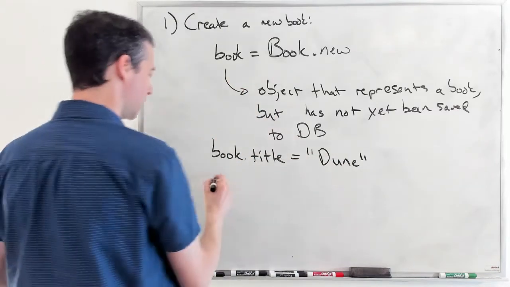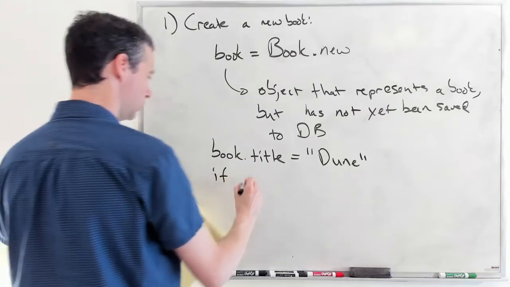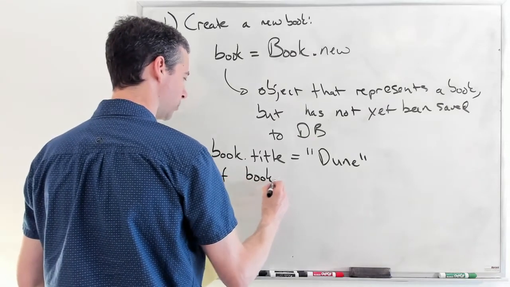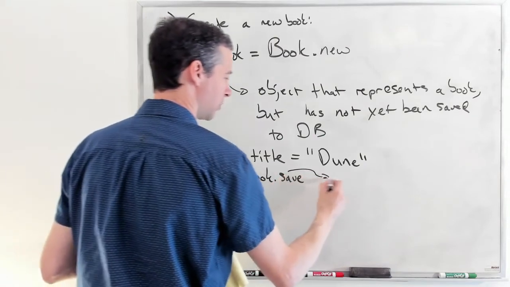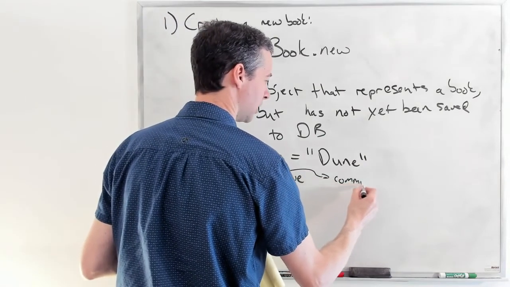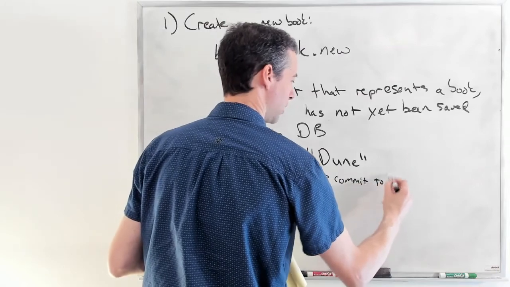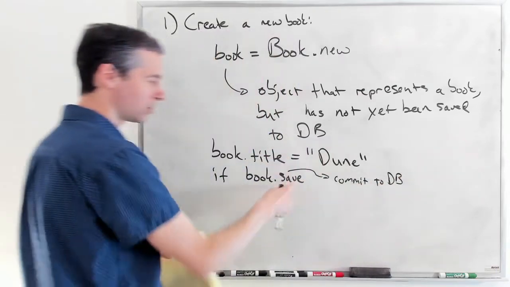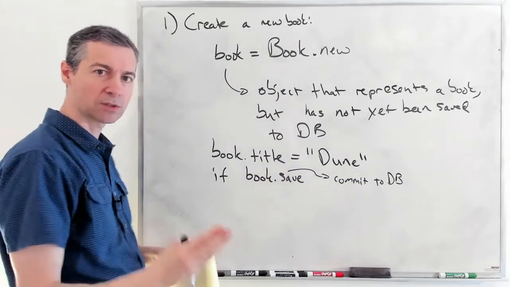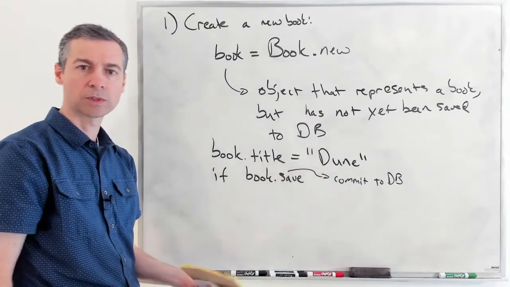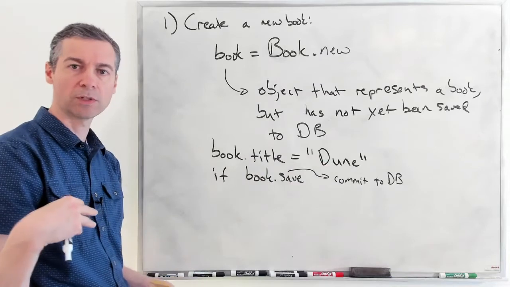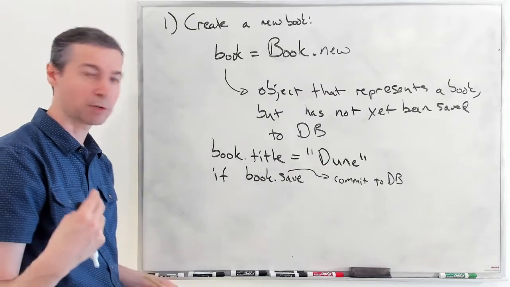All right. Then we could write code if we wanted to save it. So we can say if book.save. All right. This means to go and commit to the database. This will cause it to do an insert statement where the title is Dune, and we'll get a new row, and it'll get a unique ID back, which is the primary key.